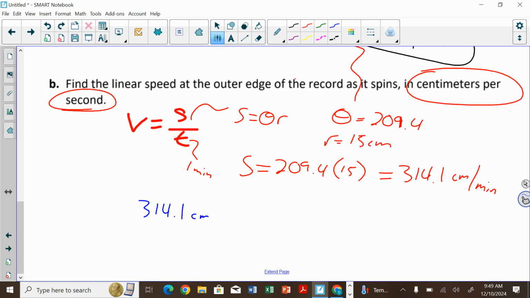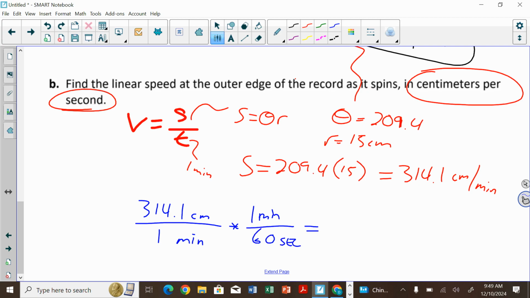I go 314.1 centimeters over the 1 minute. Remember, I've got to change from minutes to seconds. They want centimeters per second, so I don't have to change the centimeters at all. So really, I just have to say, all right, 1 minute equals 60 seconds.